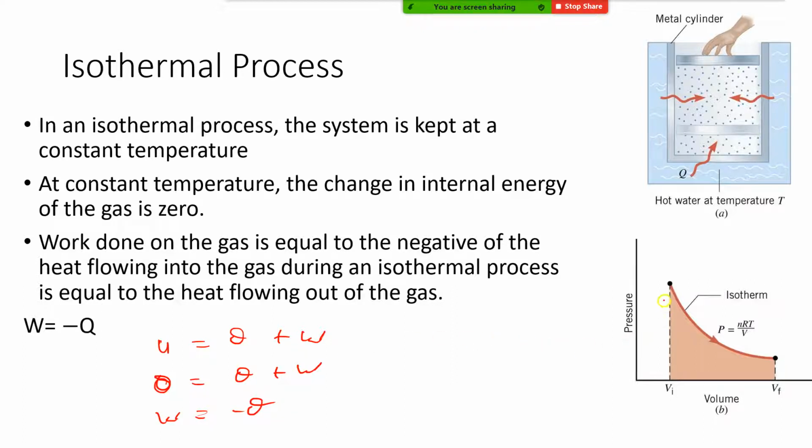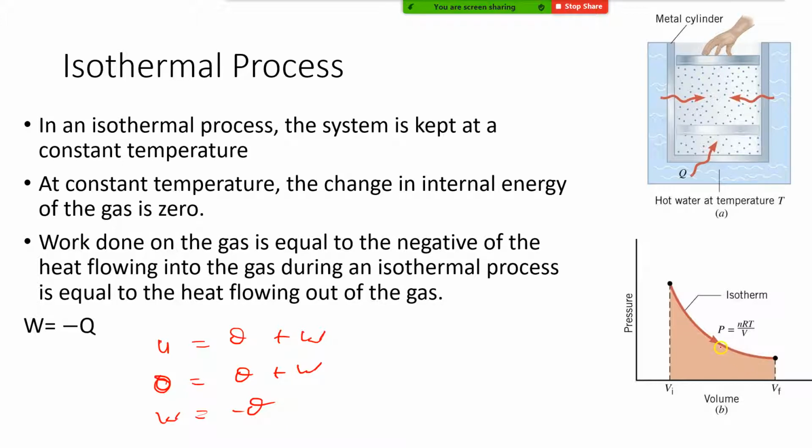When you look at it from a graphical standpoint, this is mainly what it looks like when that process is taking place. At that constant temperature, we're seeing that the pressure is decreasing with increased volume, right?